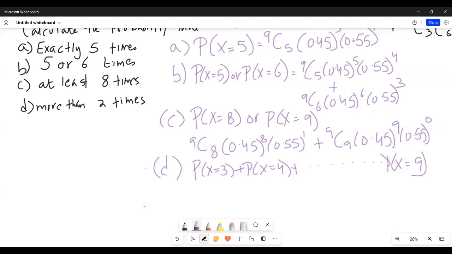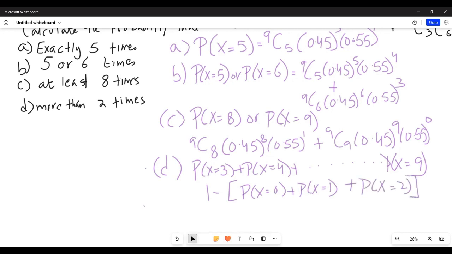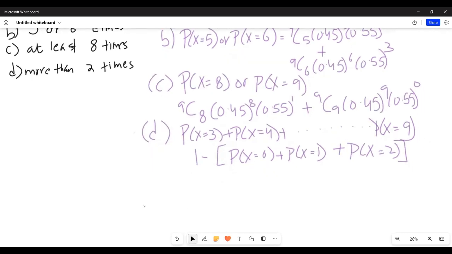That is going to be a very exhausting method if we end up using this. Instead, we're going to use 1 minus probability x equals 0 plus probability x equals 1, and since it is more than 2 times, you will have to include 2 here.